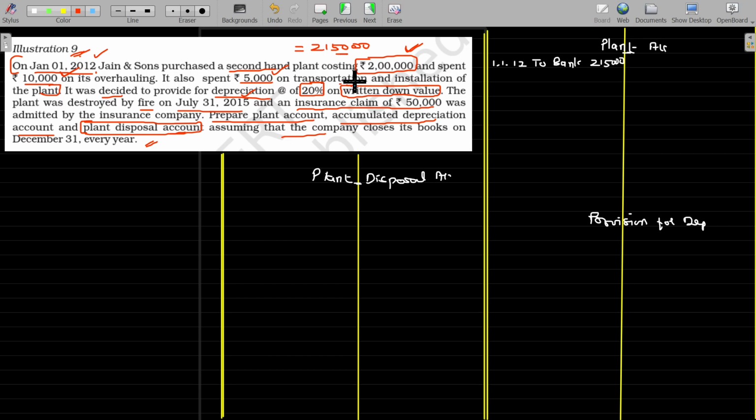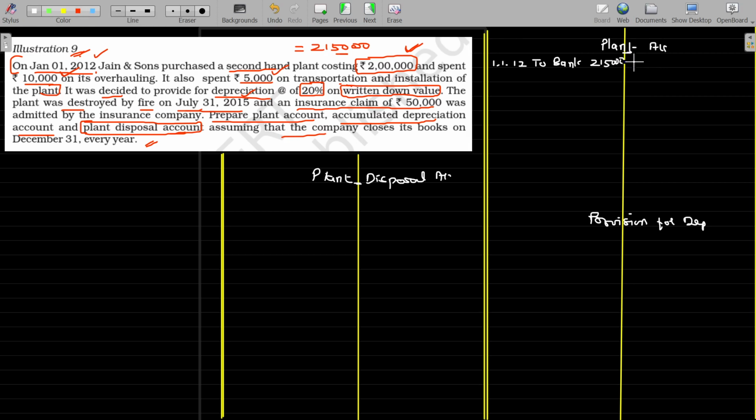On that, this 20% will be applicable. The plant was destroyed by fire on 31st July. So up to 2014, we just repeat as usual. There will not be any change in the value of the plant up to the date of sale because we are going to follow the provision for depreciation. Any depreciation will not be adjusted in the plant account. So the plant account remains the same year after year.